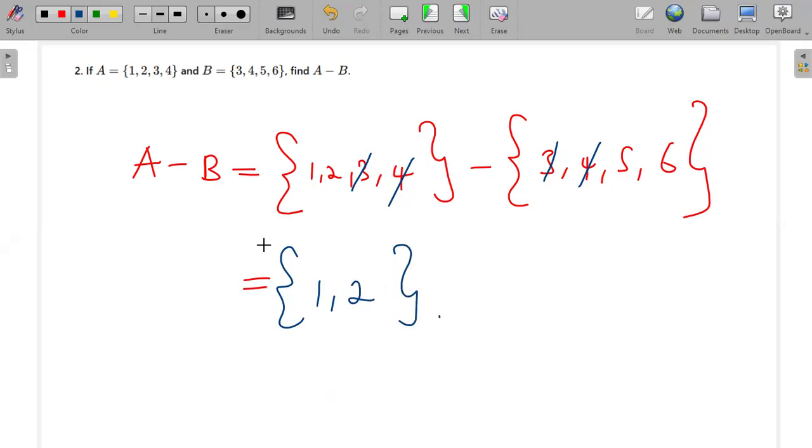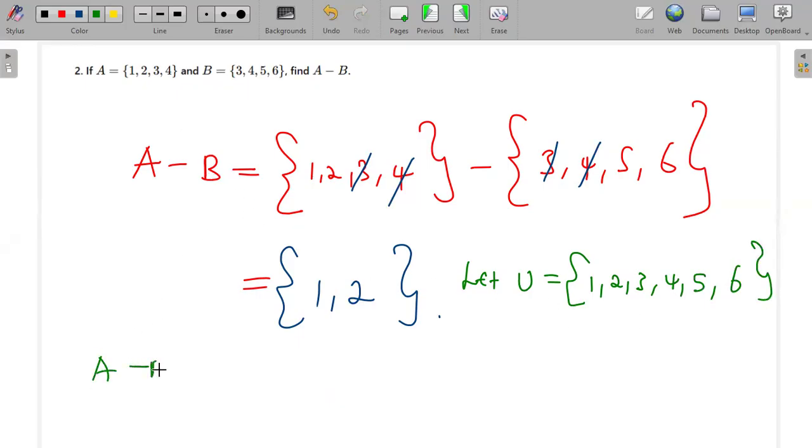Or if you want, you can let the universal set be all these elements combined, so meaning from 1 to 6. So my universal set is 1, 2, 3, 4, 5, and 6. Then A minus B is the same as A intersection B complement. My set A is 1, 2, 3, and 4, intersection the B complement.